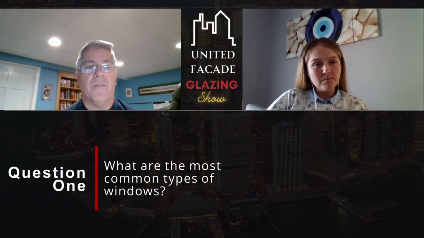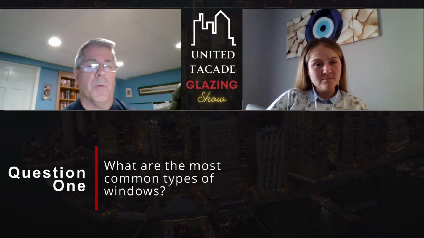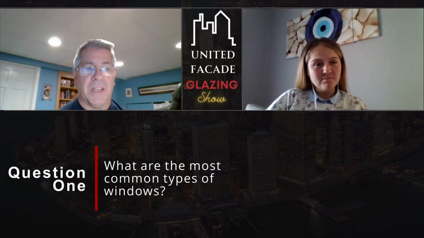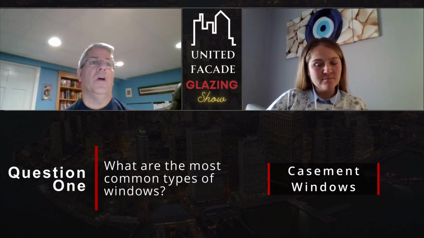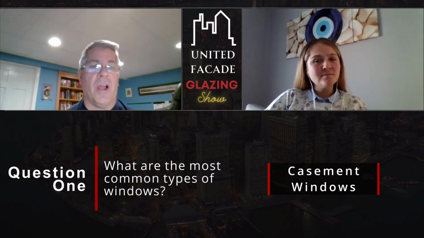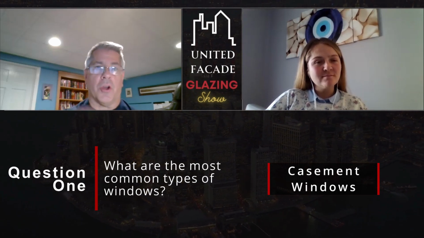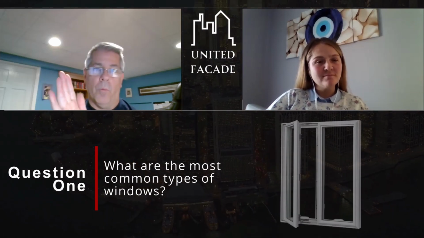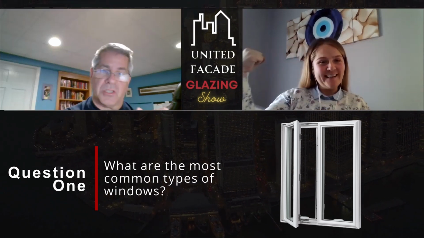In an office building, you're going to have a different type of window. You're not going to have a double hung window, although there are some double hung windows in office buildings. The most common you're going to see is what's called a casement window. Casement windows are like a door, hinged on either the right side or the left side. They can have a handle that you turn and crank and it mechanically opens, or you could just release a lock and it'll slide open.